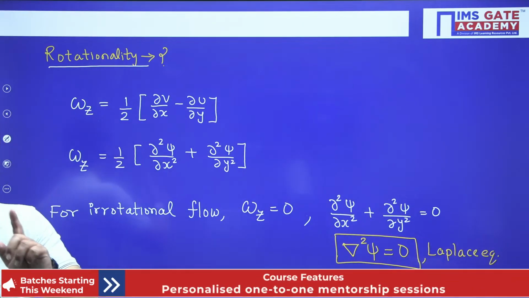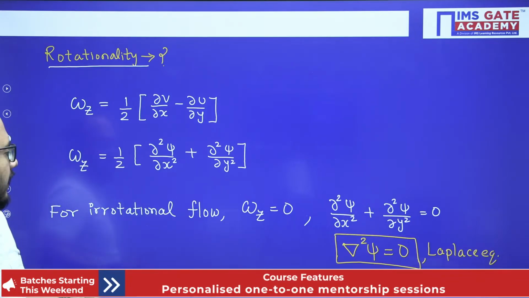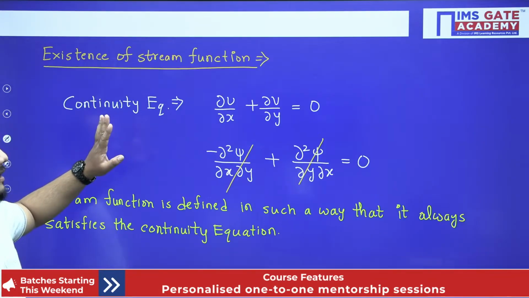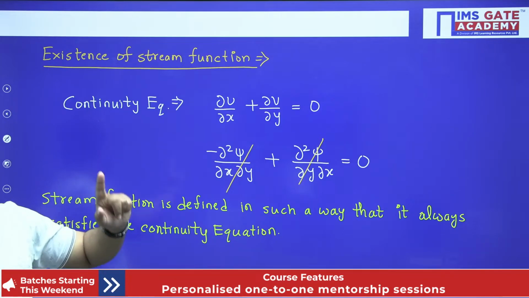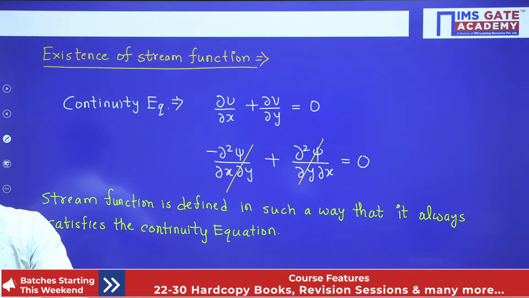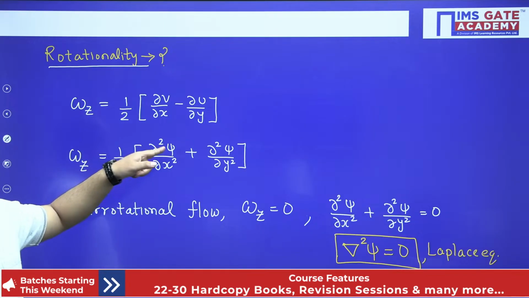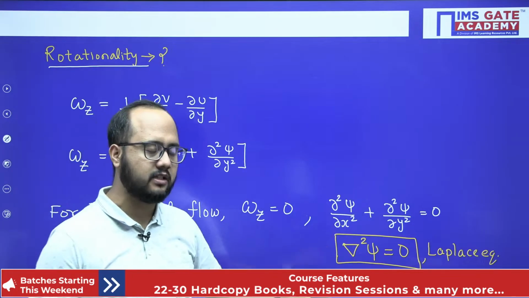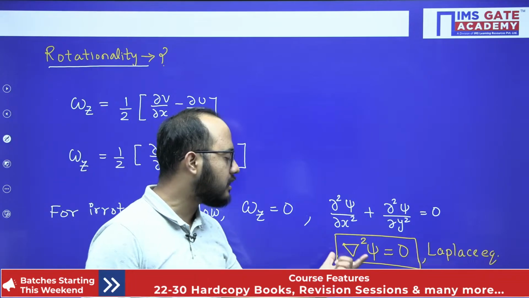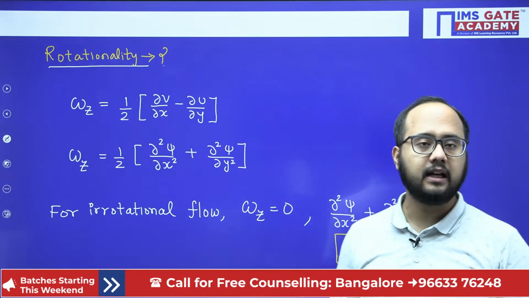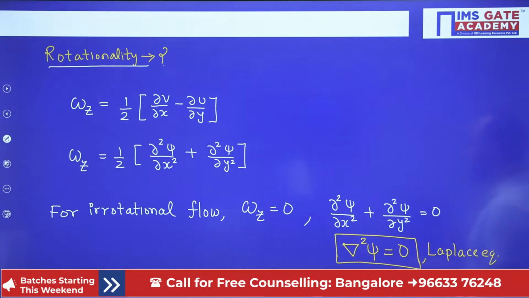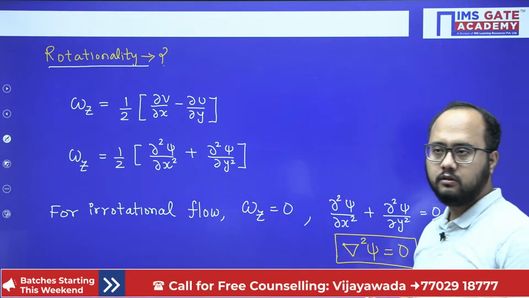Now you should understand a very important point. In order to understand whether the stream function is rotational flow or irrotational flow, we need to check the omega z value. When we check omega z, we got the Laplace equation. So when this Laplace equation is satisfied, then only we will say it is irrotational flow. Otherwise it can be rotational also.